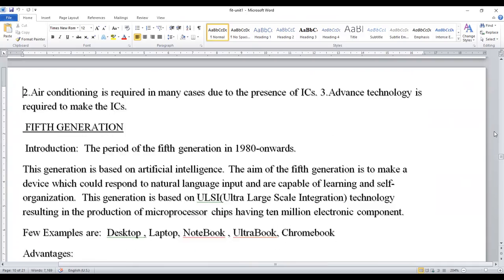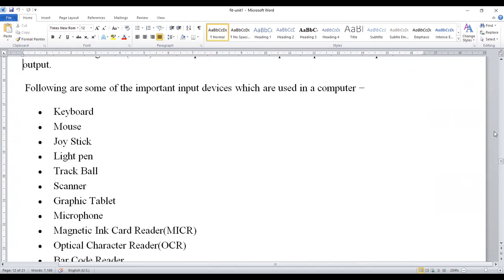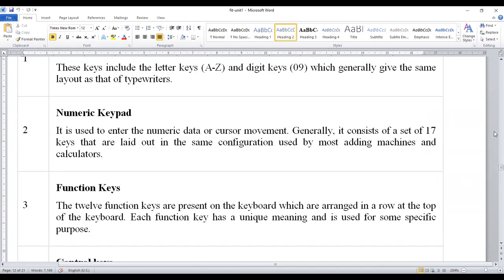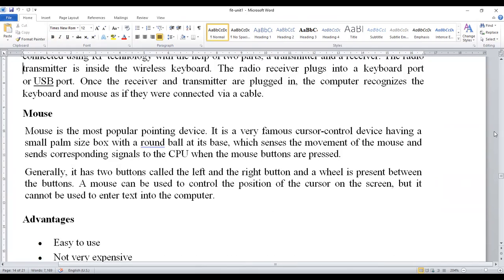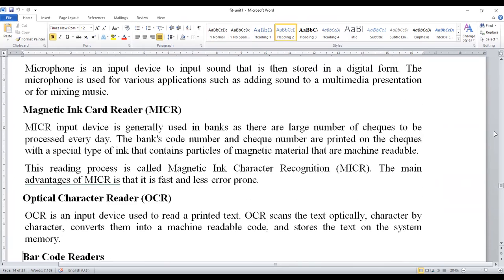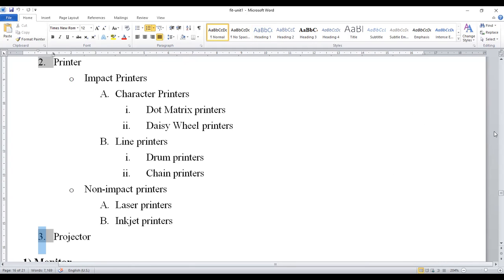Generations of computers have been completed. Input devices are also completed. We have seen all the different types of input devices.